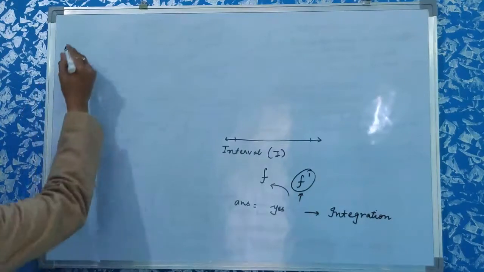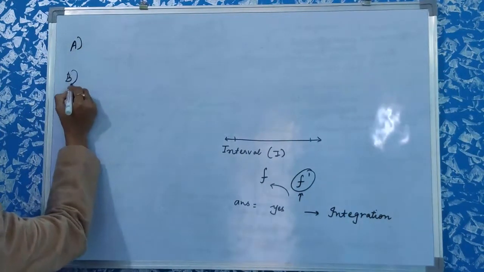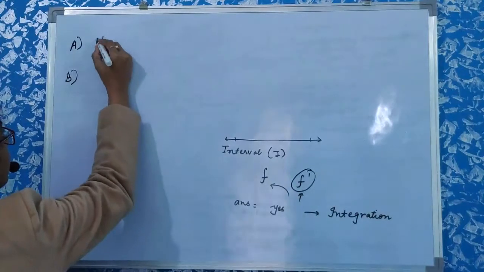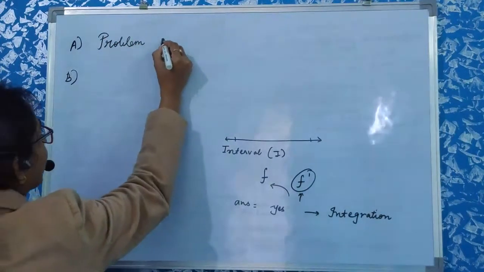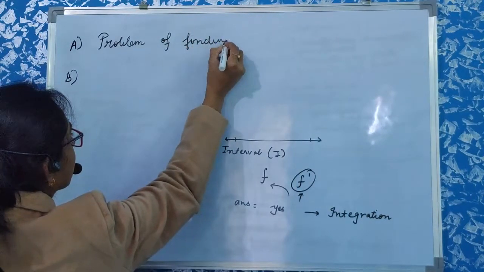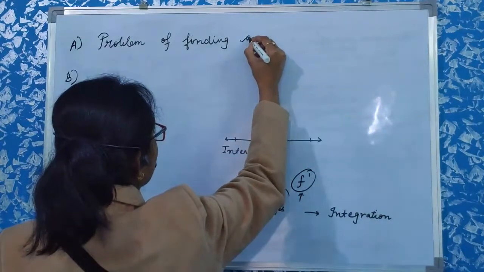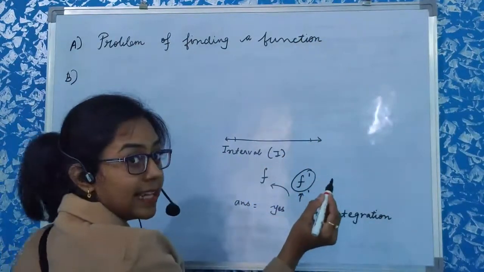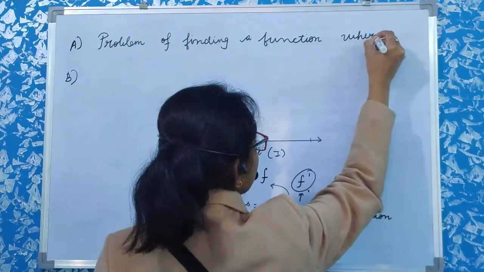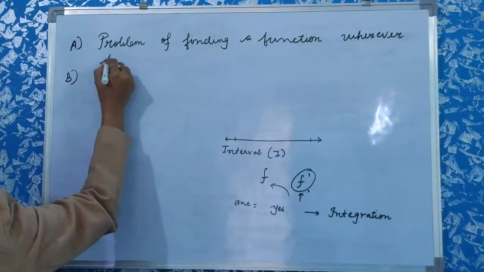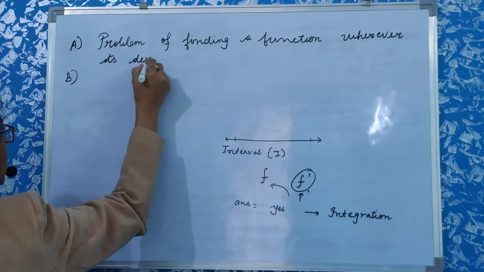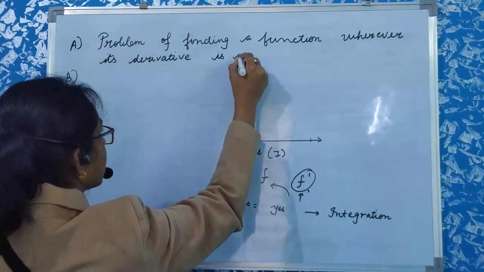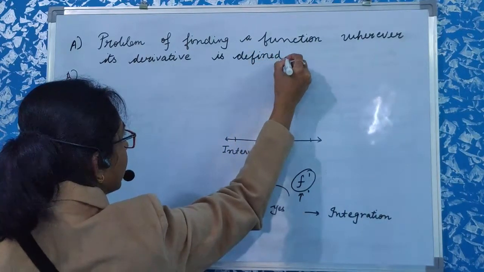The first problem is the problem of finding a function wherever its derivative is defined.